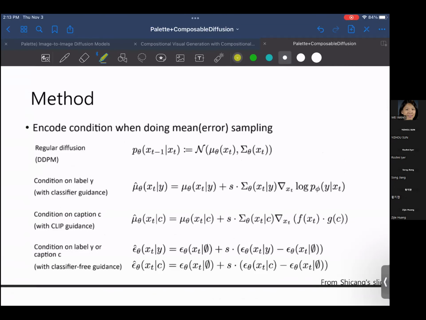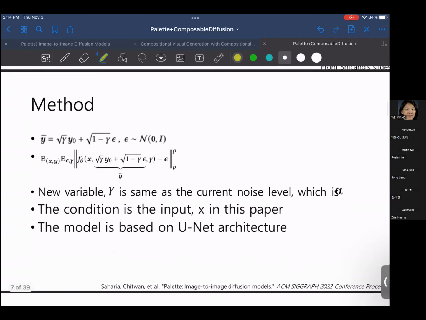As we all learned about conditional diffusion models, this framework also follows a similar thing. As you can see, the method is basically formed like this.